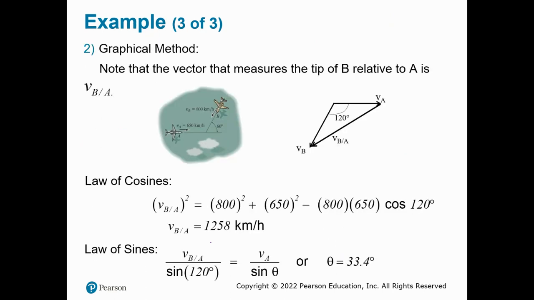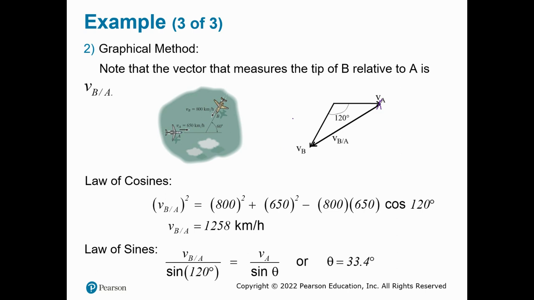In the graphical method, we're going to look at using the law of sine. Instead of breaking it into the horizontal component and vertical component, I know VA is going to the right, I know VB is coming down at a 60-degree angle. The relative velocity of B with respect to A is going to start from the ending point of the velocity A and point towards the ending point of the velocity B. So this side of the triangle will be my VB slash A that we're looking for.